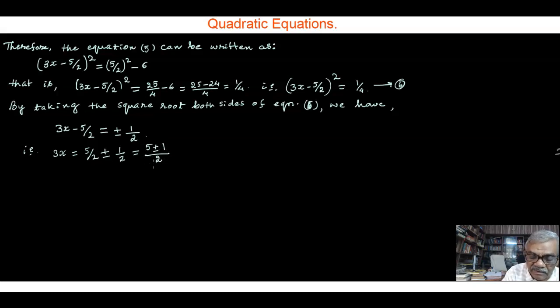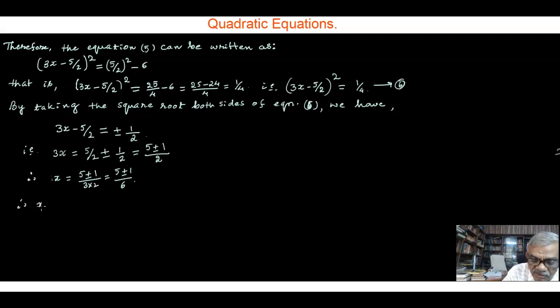Hence 3x is equal to 5 plus or minus 1 by 2, so x is equal to 5 plus or minus 1 by 3 into 2, that is 5 plus or minus 1 by 6.